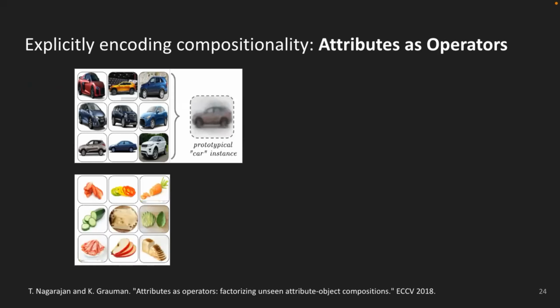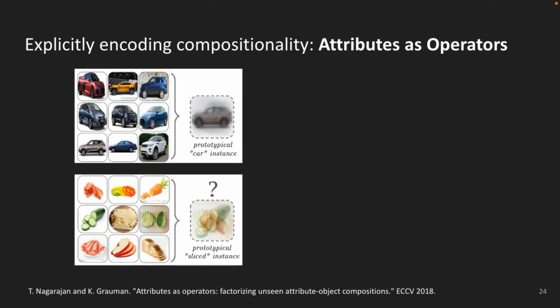What about the states though? This is sliced as attributes or states. It's really hard, right? Because it really depends on what we are cutting and how we are cutting it as well. And so you can get a mixture of things that actually don't resemble anything concrete.